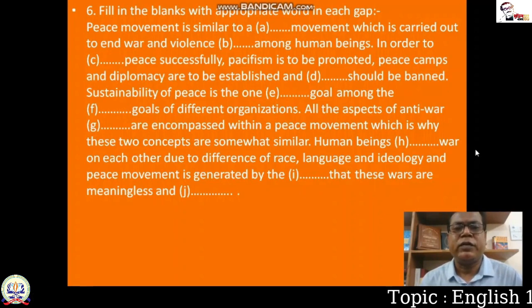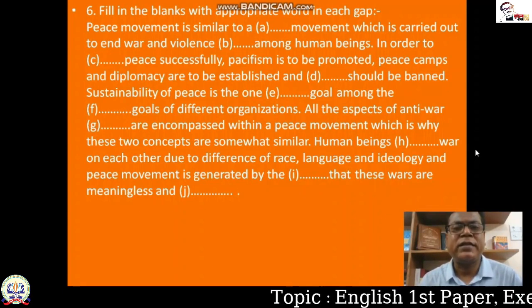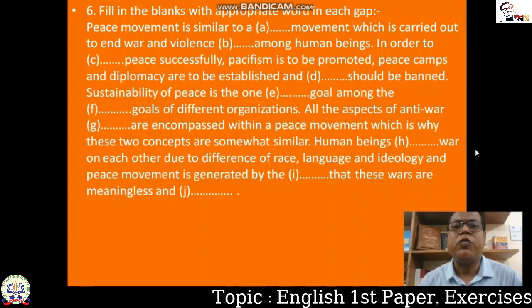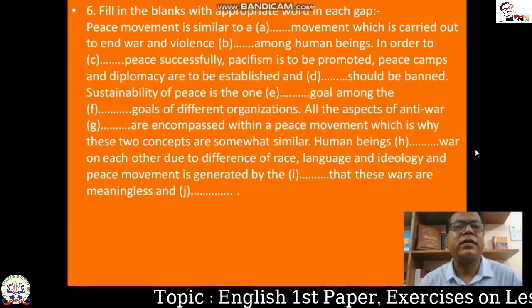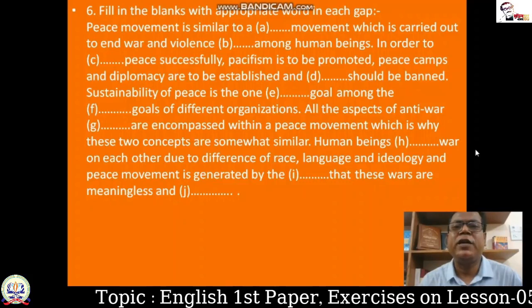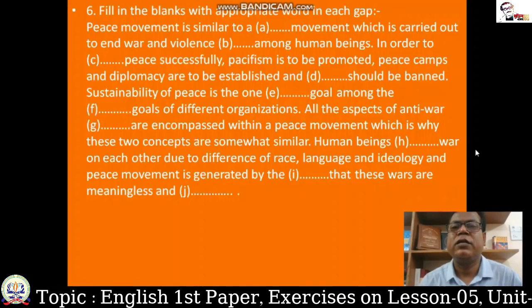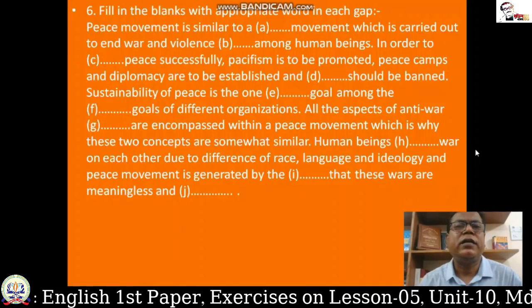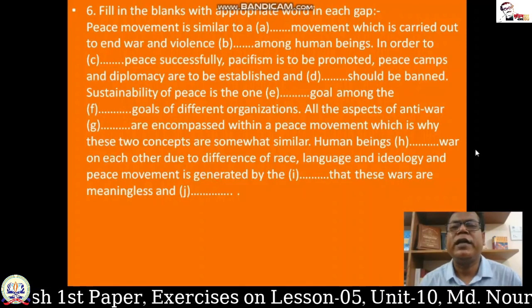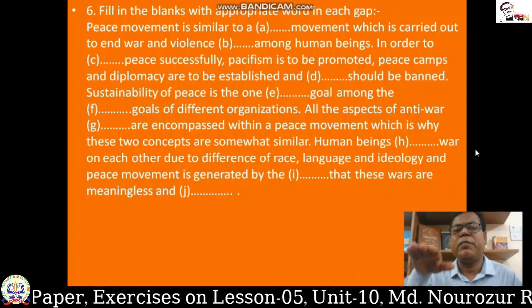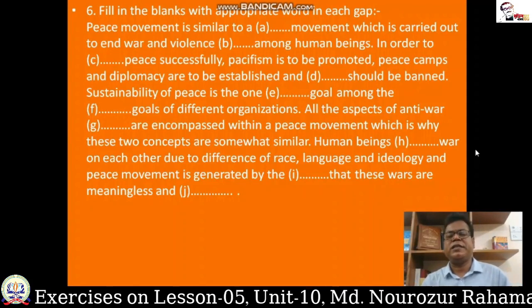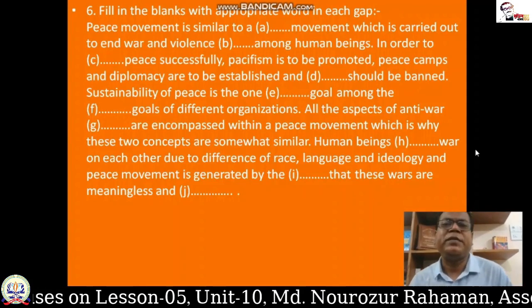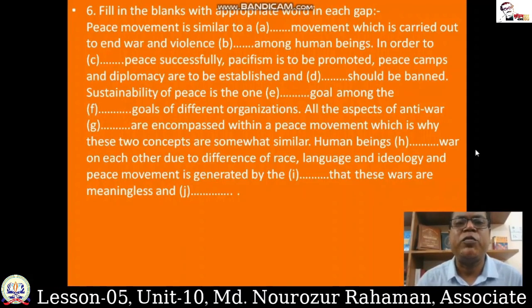In the passage, you'll find 10 blanks and you have to use appropriate words in the blanks. Peace movement is similar to a dash movement. In the first sentence of the passage, it is written that a peace movement is a social movement.